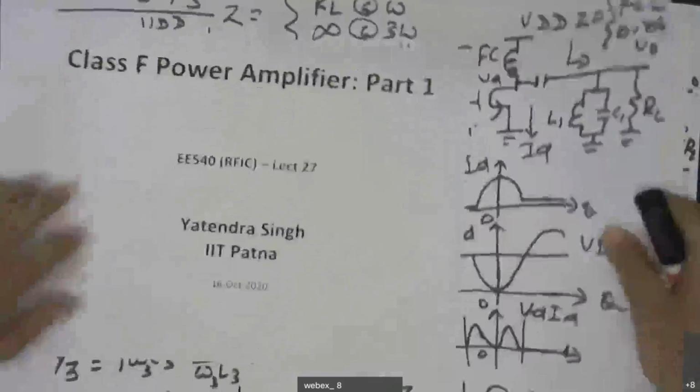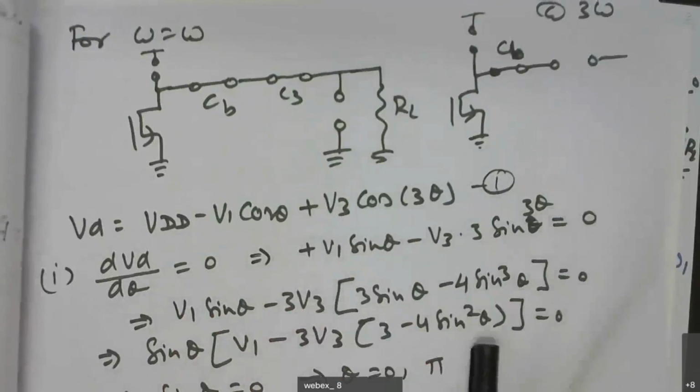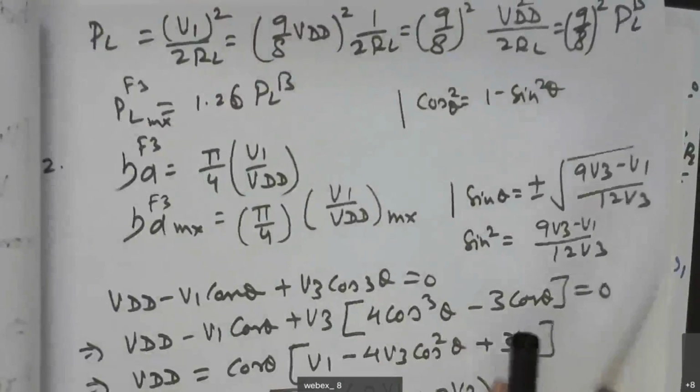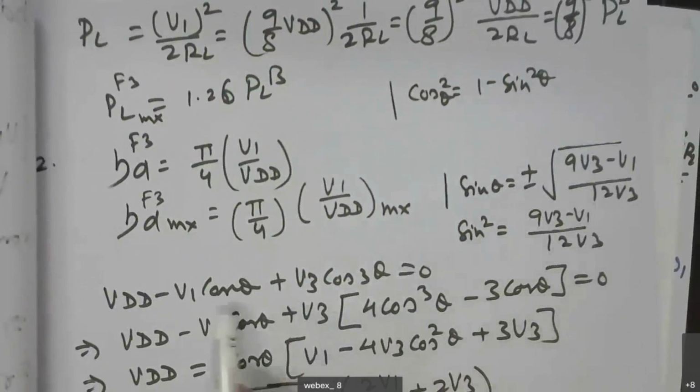I wanted to see the expression of drain voltage, sir. So drain voltage. This is F3. F3 5 will have fifth harmonic also. Yes, sir. I just wanted to know why the signs are reversed for third harmonic and fifth harmonic.